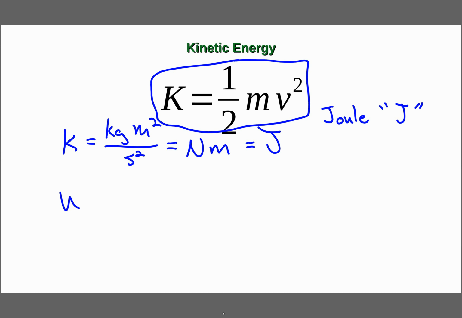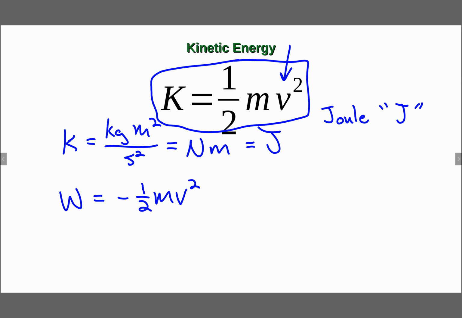then the work that it would take to bring me to rest, if I have this energy, is going to be 1/2 m v final squared, which would be 0, right? Because v final would be 0, minus 1/2 mv squared.